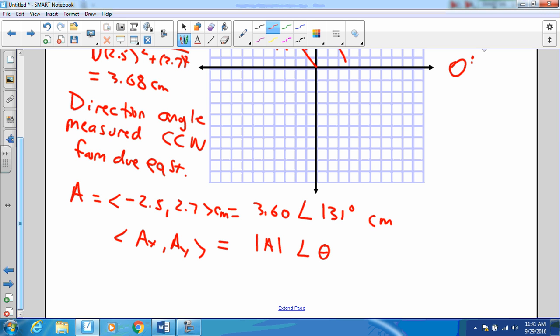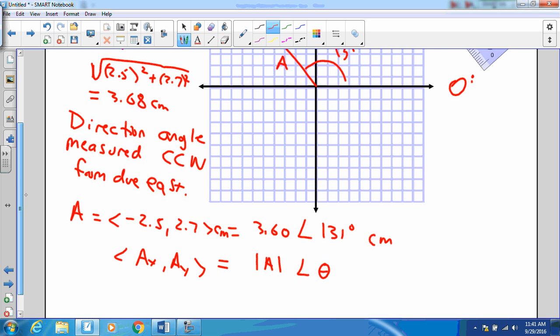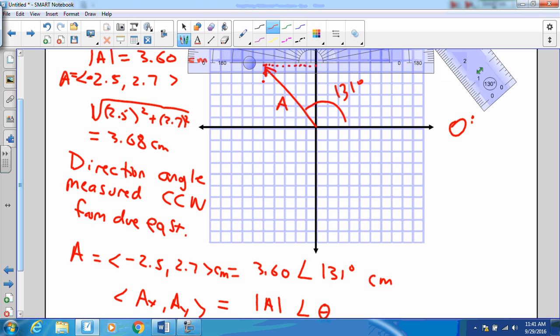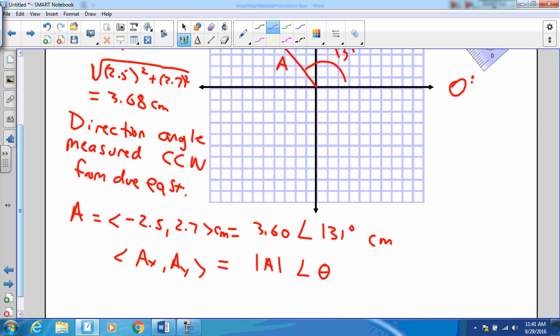Those two forms are complementary ways of thinking about the same vector object. The vector object is literally the arrow that I drew. That's A. And my representation of A can be either in terms of its horizontal and vertical components, x and y components, or in terms of its magnitude and its direction.